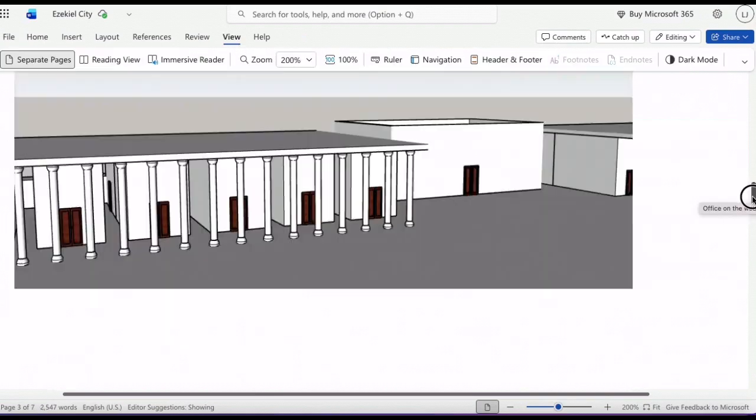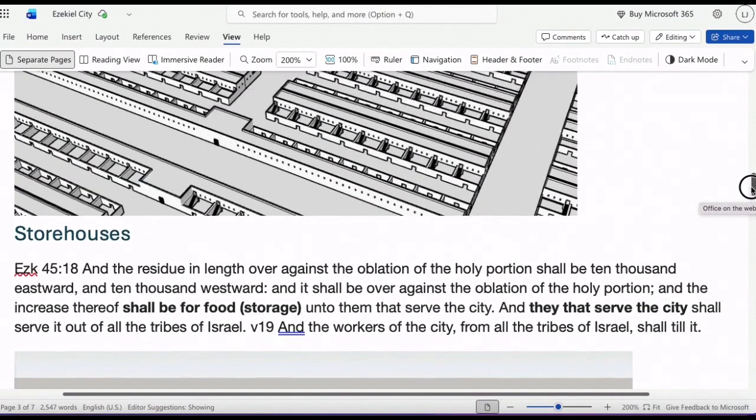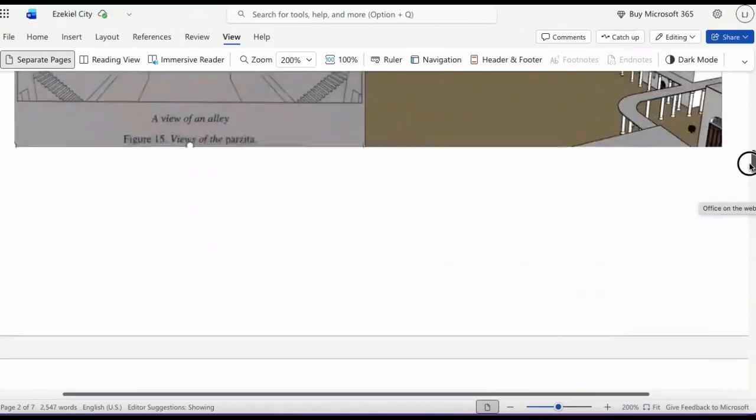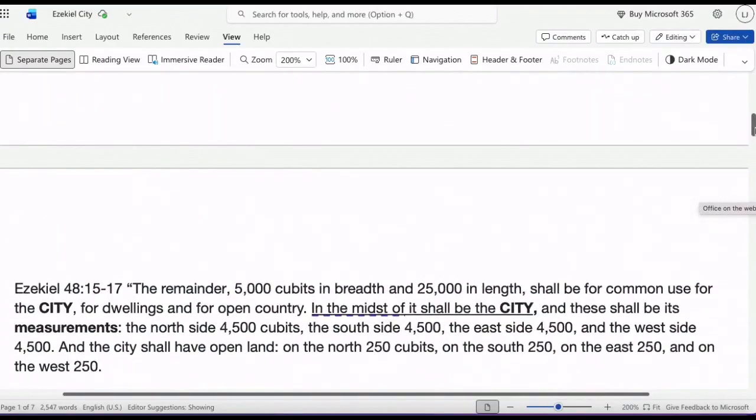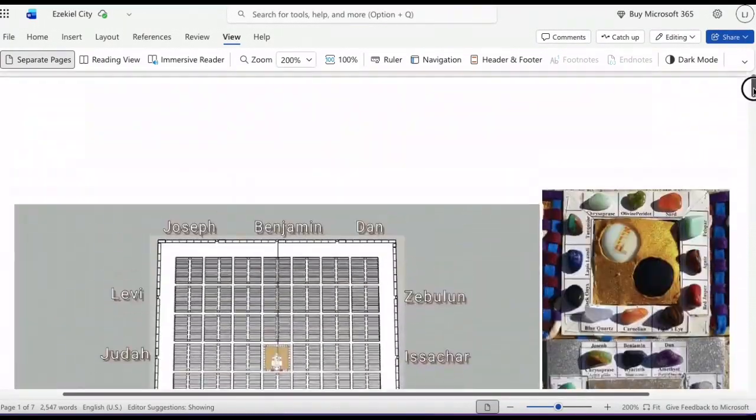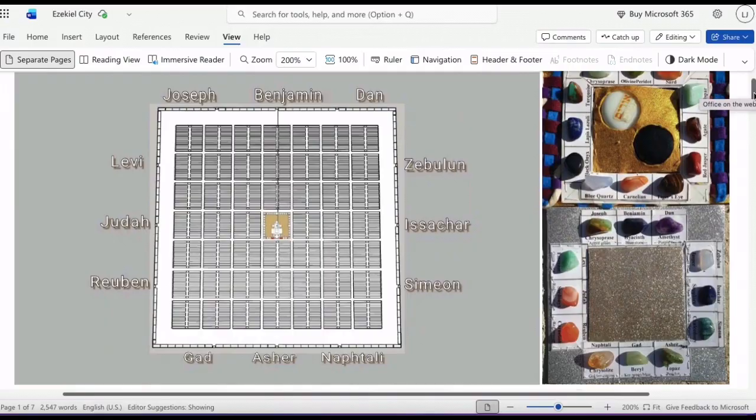Okay, so what have we learned? Well, we have learned that there is a city, a place called the city, and this is in the millennial reign of Christ, and information we have shown you, the precise measurements, the precise tribes, and this is a precursor to New Jerusalem.